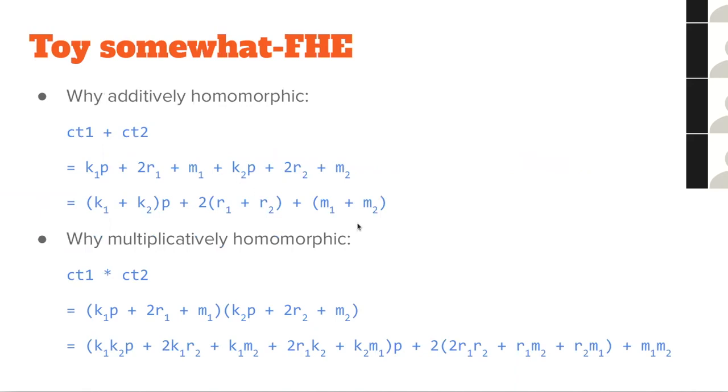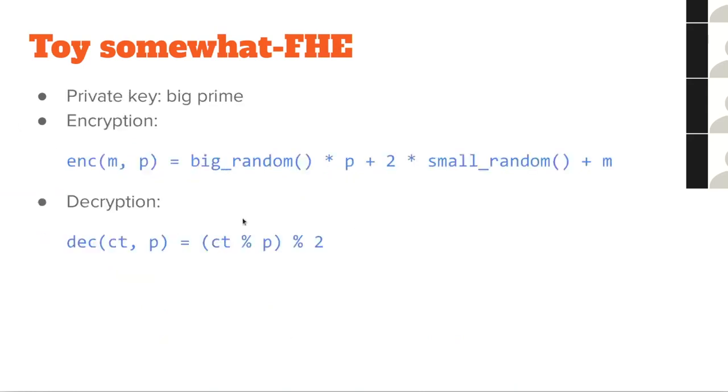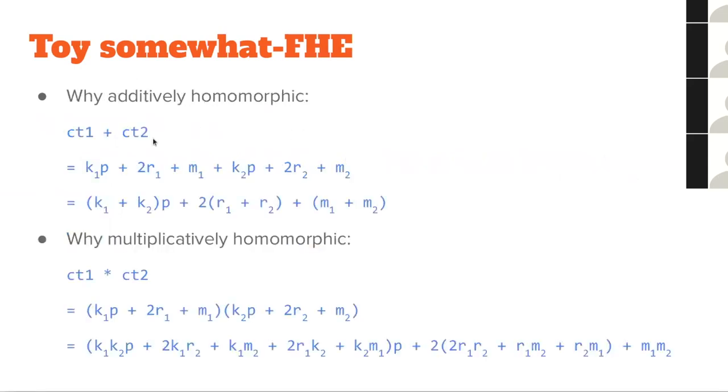So why is this scheme additively homomorphic, right? Why is this approach, where you encrypt a message by taking a big multiple of your key, adding some noise, and hiding your message in the least significant bit of the noise, additively homomorphic? Well, if you imagine you have two ciphertexts, each one is going to be a multiple of p plus some noise plus a message, and these things just naturally distribute, right?